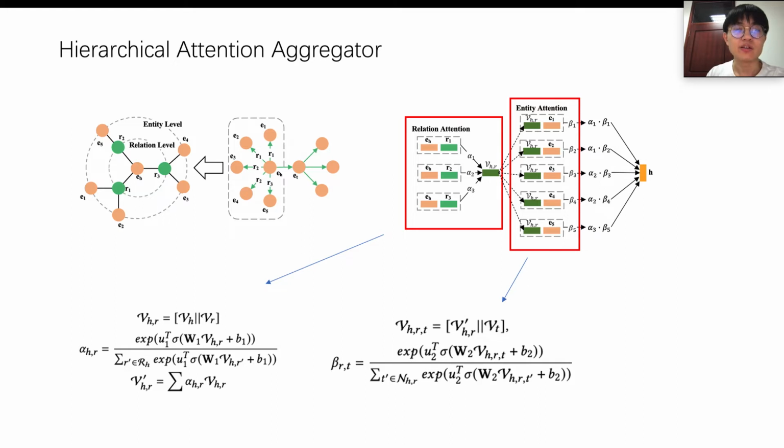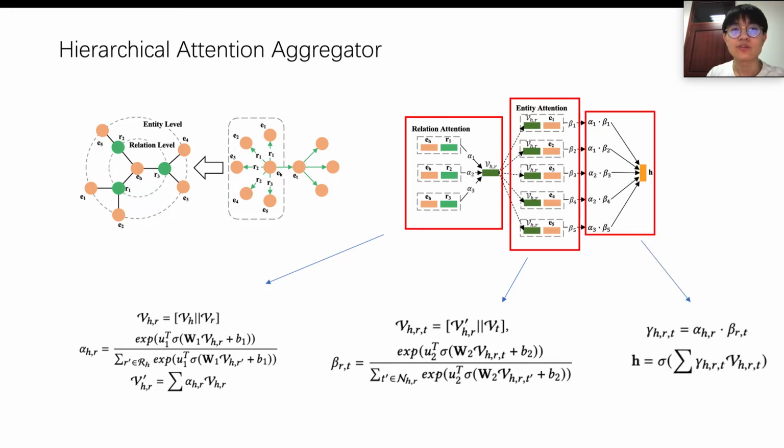In the relation level layer, we utilize a set of neighbor relations to represent the head entity H, and through the entity level attention mechanism, we obtain the attention weight of the second level. Then, we multiply the 2 attention weights to obtain the triple level weight.